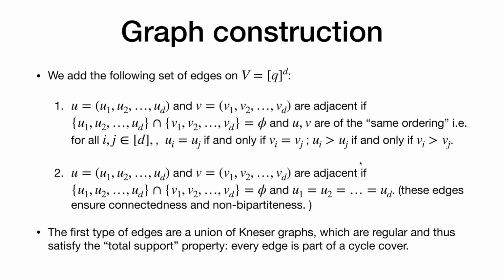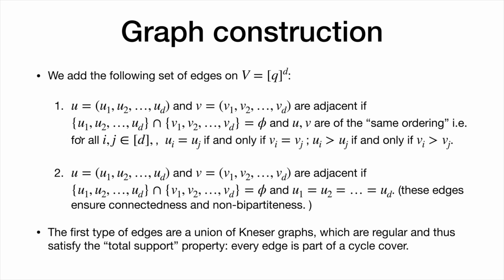Once you have added these edges, you still need to prove that even these edges are part of a cycle cover. This step is not really hard. You can just modify the other cycle covers to show that these edges will be part of a cycle cover too.